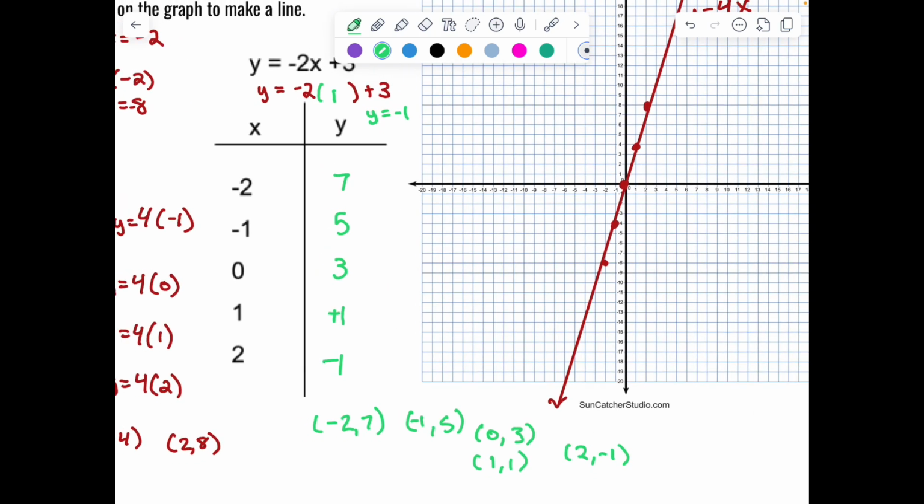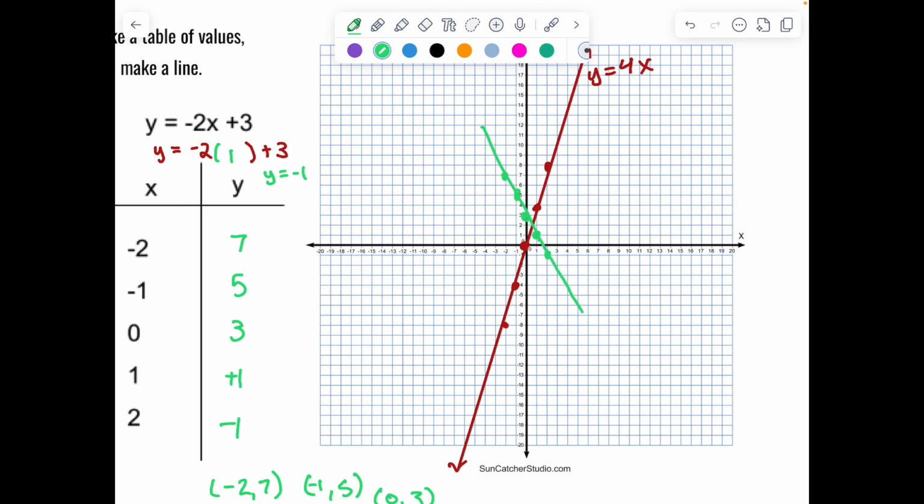Okay, so (-2, 7), and then (-1, 5), (0, 3), and you'll know you're doing these correctly if it's starting to make a straight line. And there we go. Okay. And that was the equation y equals negative 2x plus 3.